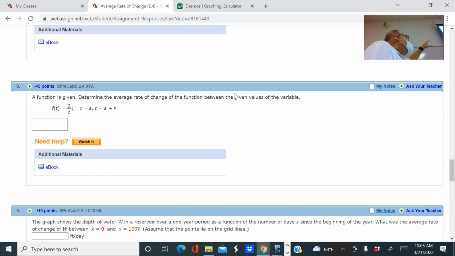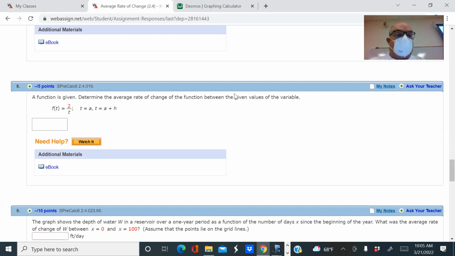So anyway, there it is. You've got a function. They're using an input variable of t, but don't let that bother you. That could be x. And they want to find the average rate of change of the function between a and a plus h. So that's pretty typical, and it's kind of easy to start the problem, but then, as I mentioned, maybe the algebra gets a little bit confusing.